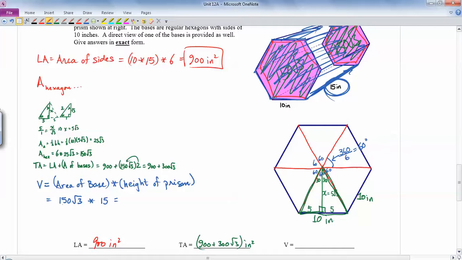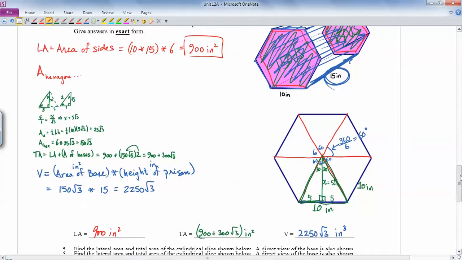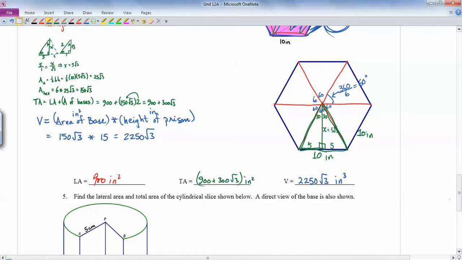If you have 150 root 3s and then you multiply that by 15, you're going to end up with 2,250 root 3s. And then it's a volume. The area of the base is inches squared. The height of the prism is inches, so we get inches cubed. 2,250 root 3 cubic inches. Okay?